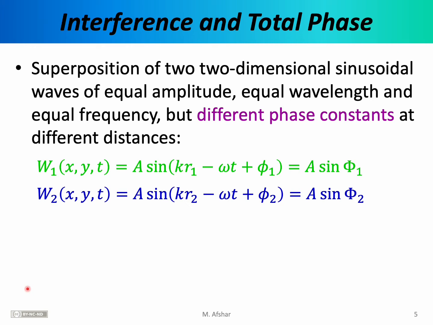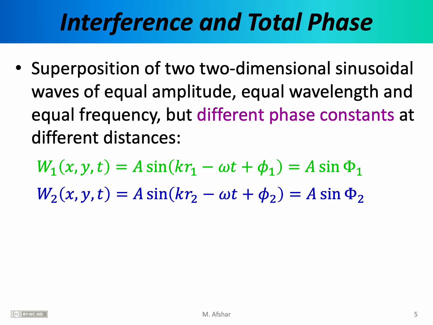Now that we're familiar with the concept of total phase, let's repeat our discussion of interference in terms of this simplified notation. So once again, consider the superposition of 2 simple waves. They're identical in every respect, except that they have different phase constants. Wave 1 was a sine of k r1 minus omega t plus phi 1. We're now going to write that as a sine of capital phi 1.